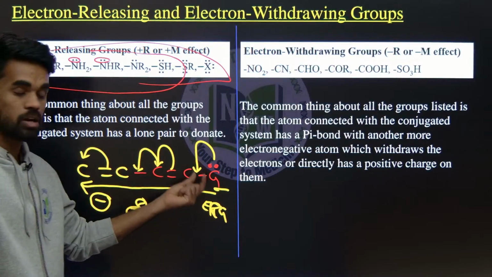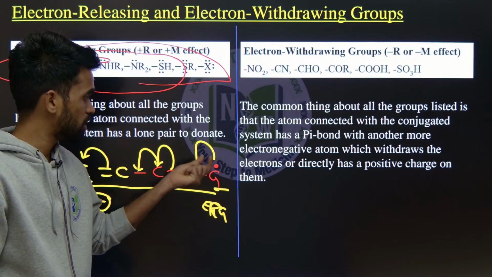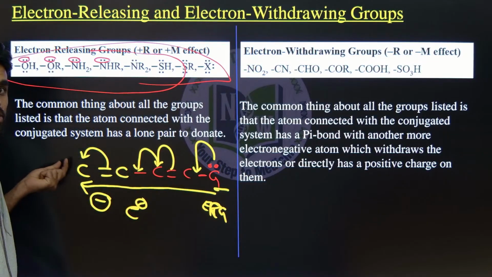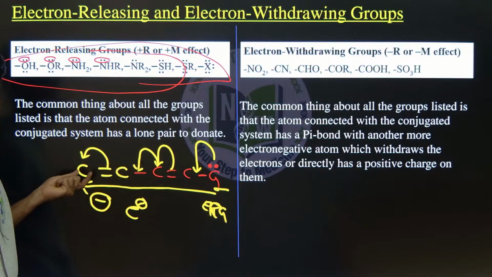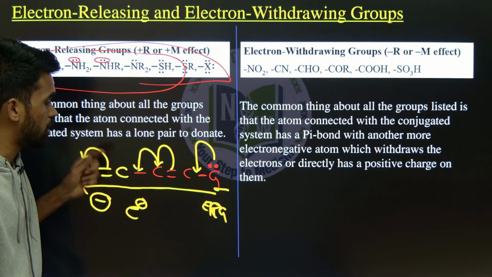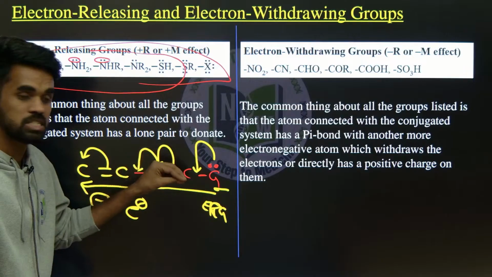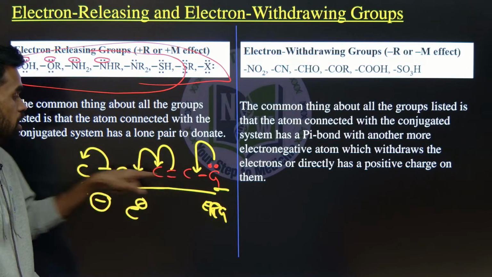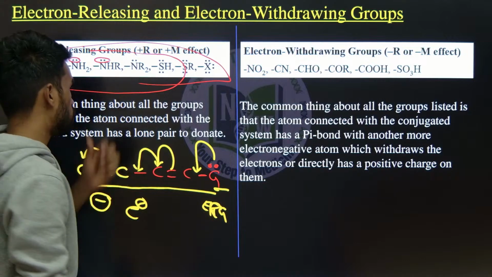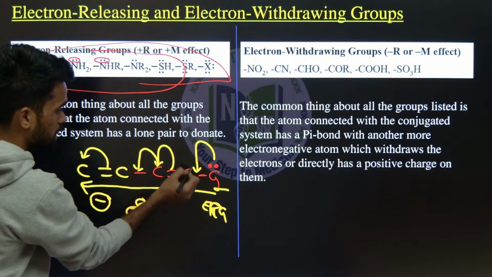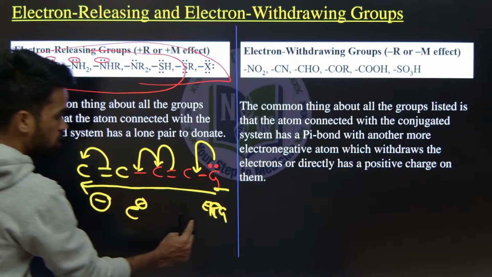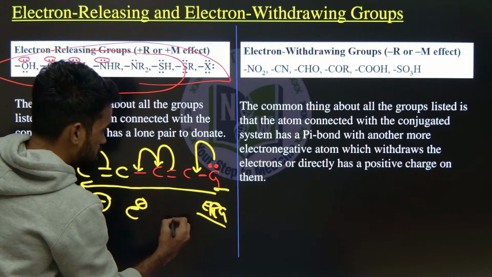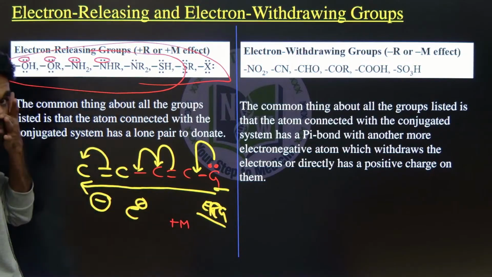If there is a group G which has non-bonding electrons in it, which is releasing electrons into the hydrocarbon chain or into the system we are considering, then we can say that G is an electron releasing group, and that is a ring activating or chain activating group. You can call it an electron releasing group, and the effect is called plus M effect.